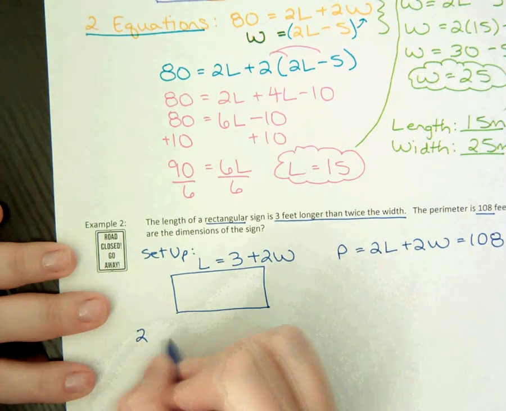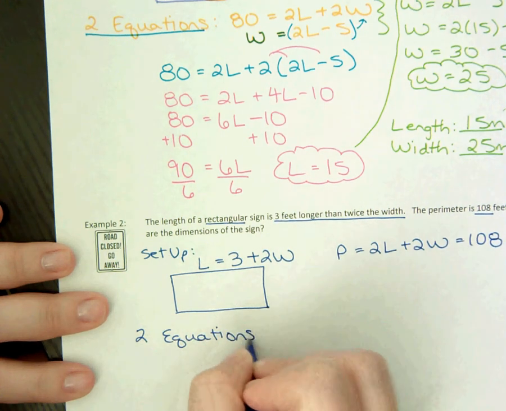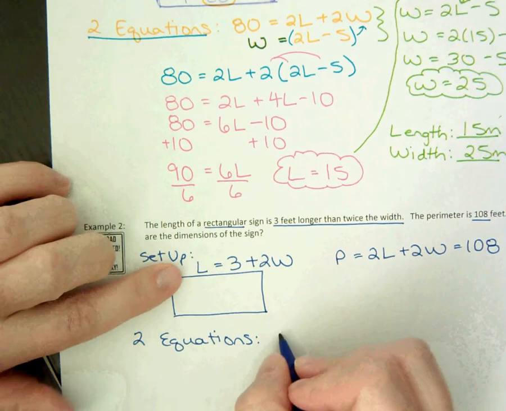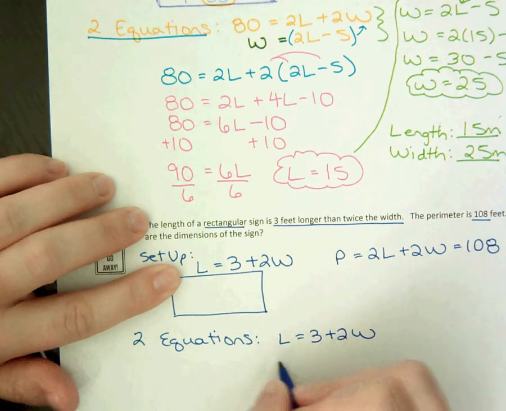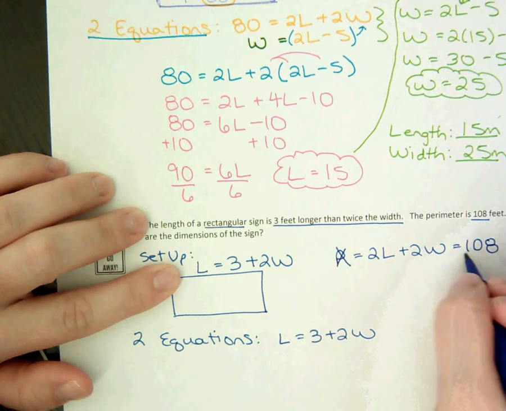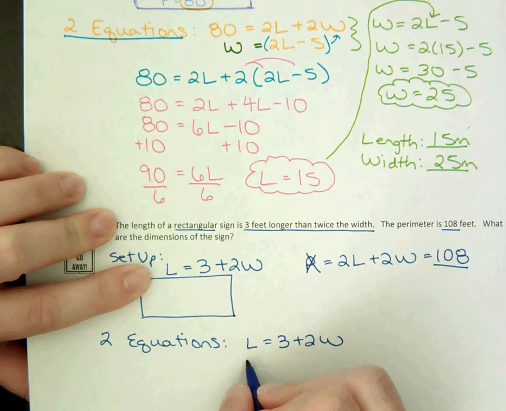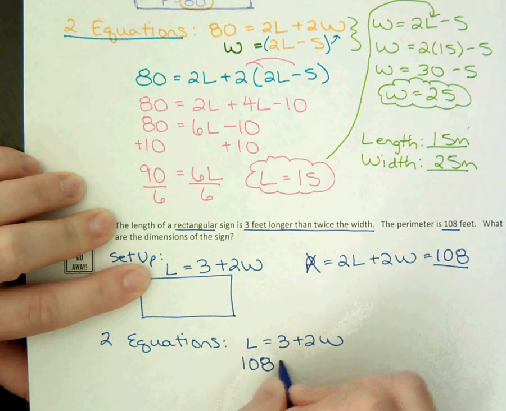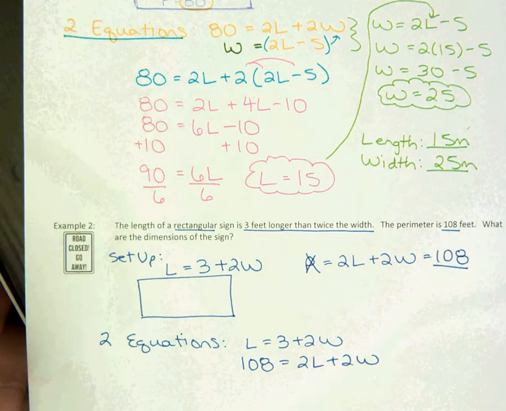So our 2 equations are the one for length and the perimeter equation, and I'm going to take off the P, don't need that because I know the perimeter is 108. So my equation will be 108 equals 2L plus 2W.